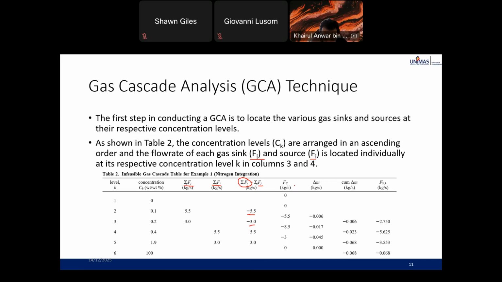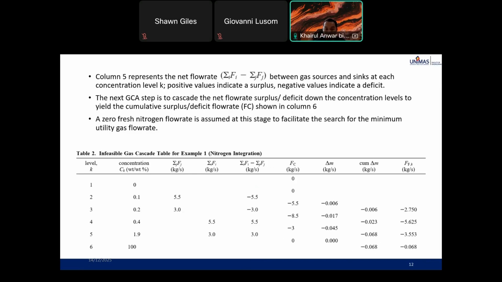So the next GCA step is to cascade the net flow rate down the stream level to yield the flow rate.